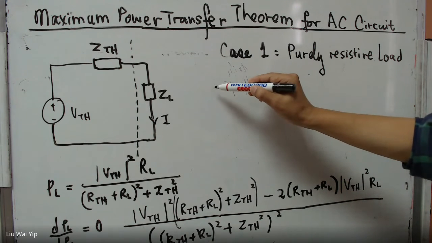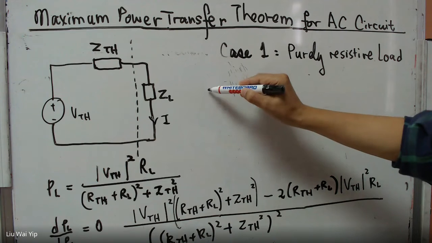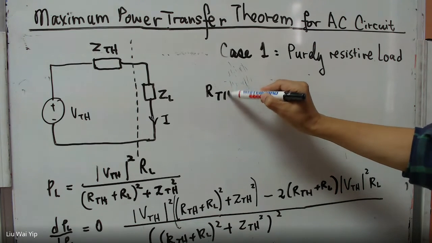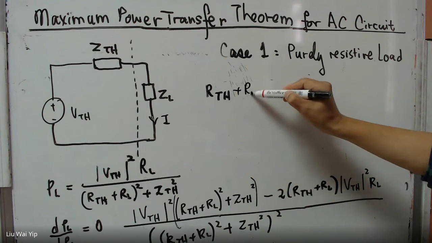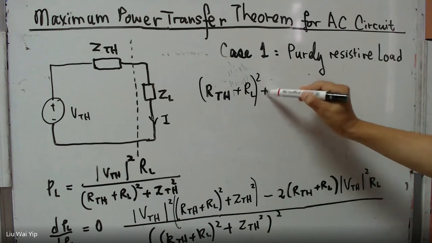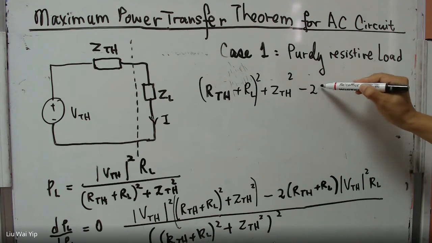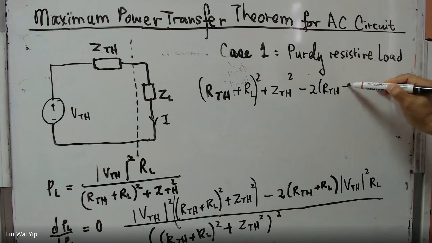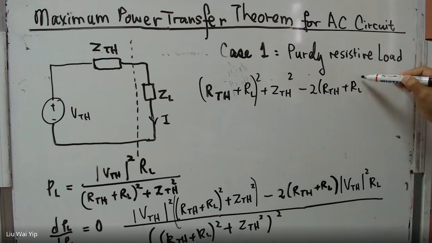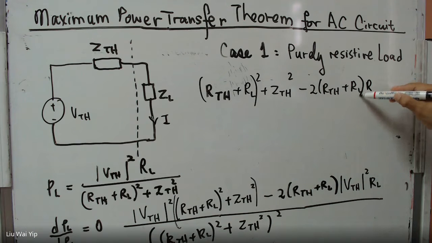So if I do that, then we will have RTH plus RL squared plus XTH squared, and then minus 2 RTH plus RL times RL, and this one is going to be 0.